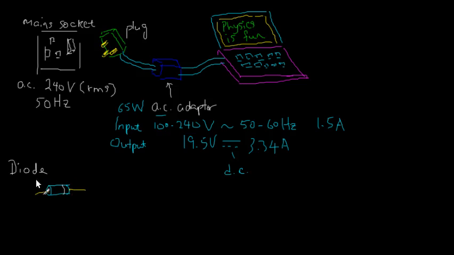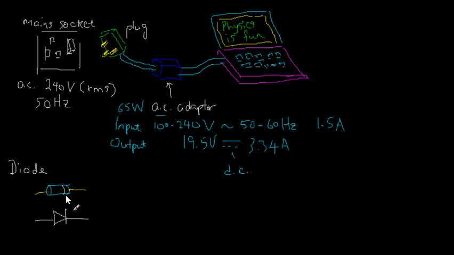And then the circuit symbol is usually represented this way: a triangle with a line and wires coming out.